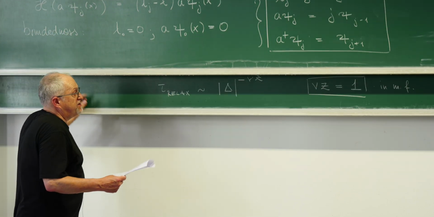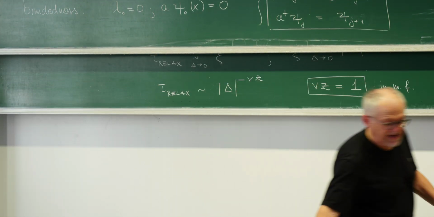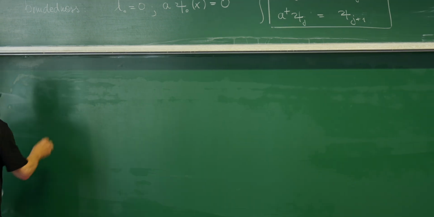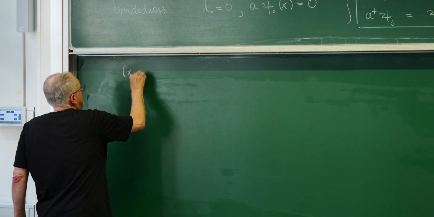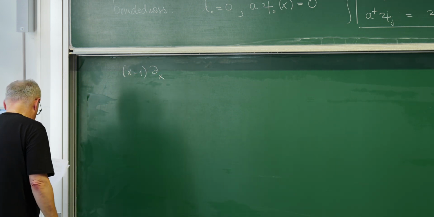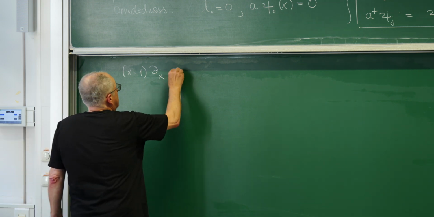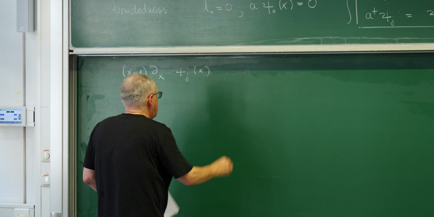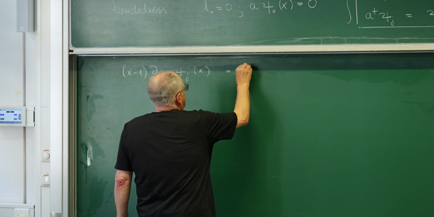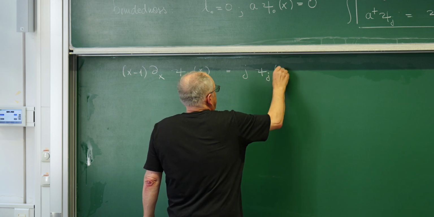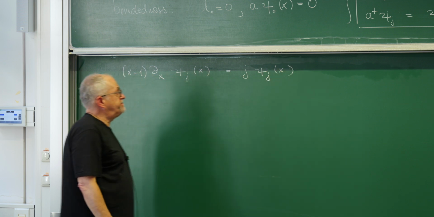Okay, and then once you have that, you can also easily calculate the eigenfunctions. So for the eigenfunctions, we have (x minus 1) d/dx, that's the linear operator that we have, and psi_j(x) needs to be j psi_j(x).